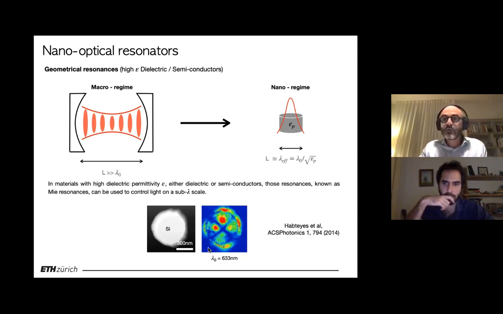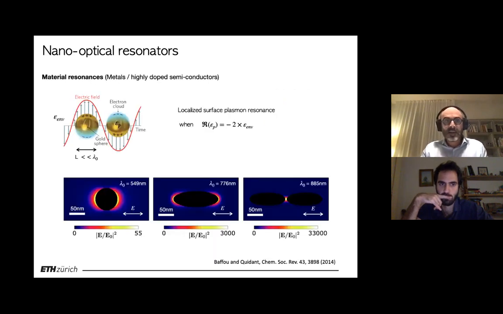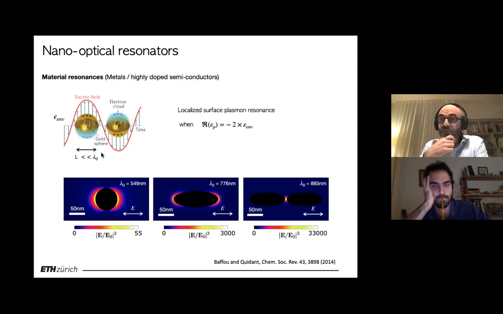So these are, let's say, more intuitive ones. These are the equivalent, as I said before, of cavity resonances. And there are other kinds of resonances that are very interesting in nano-optics, like the ones that are associated to the material, like surface plasmon resonances. So in the case of surface plasmons, and that would be more in the case of metals or highly doped semiconductors, the electron cloud of the metal would be driven by the incident electromagnetic field.